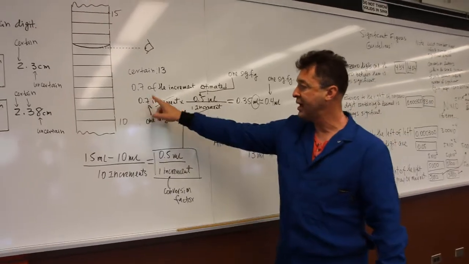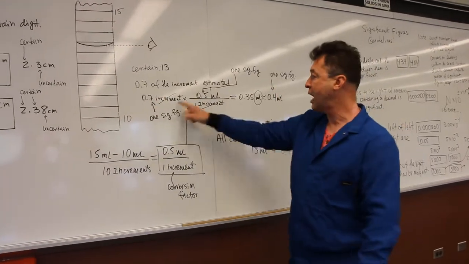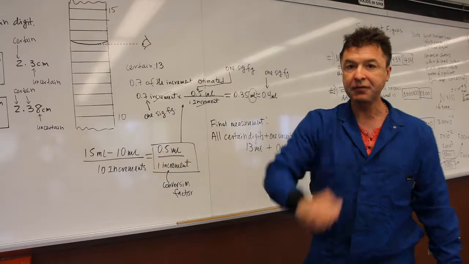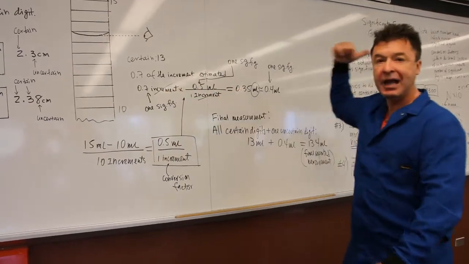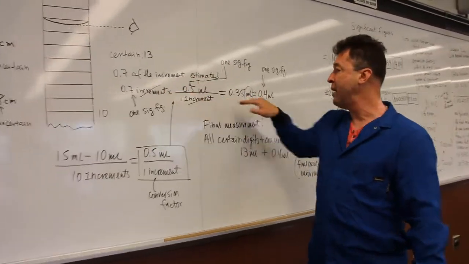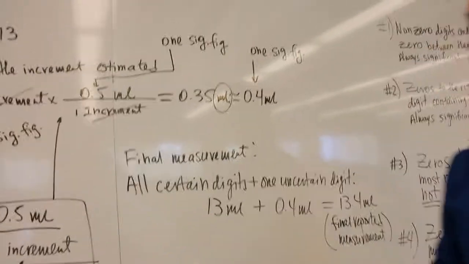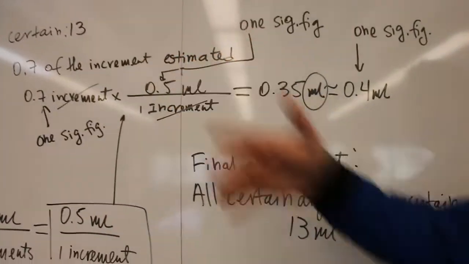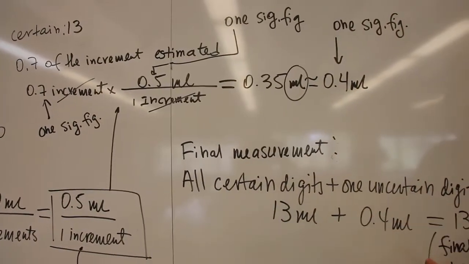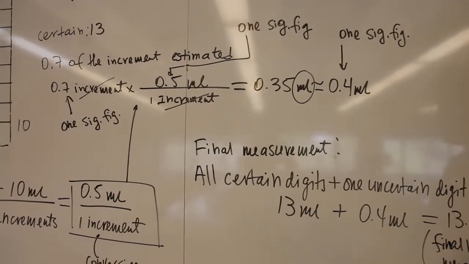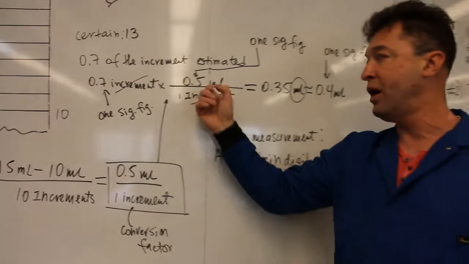So when you do 0.7, one significant figure, times 0.5, one significant figure, remember the multiplication rule: the final answer has the same number of significant figures as the number with the least number of significant figures. Both of them have one significant figure.